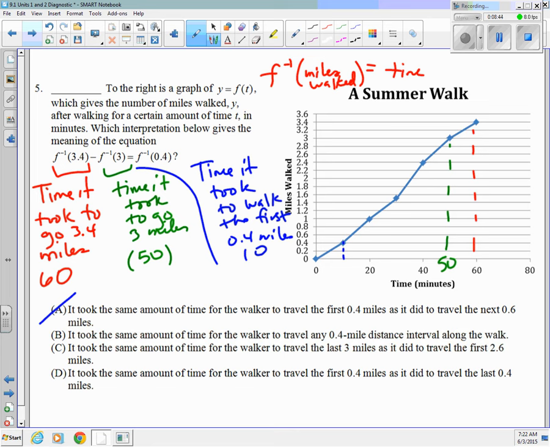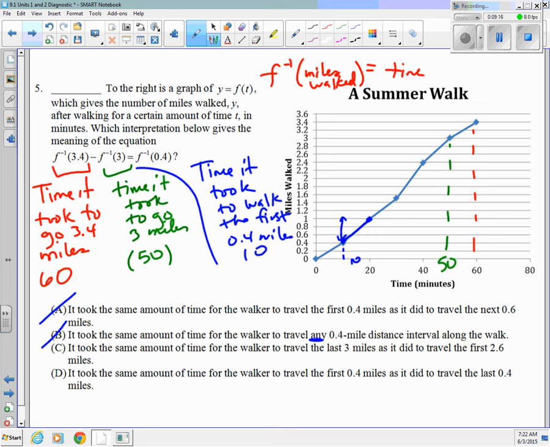Well, certainly this is saying that it took the same amount of time to walk the first 0.4 miles as it did to walk from 3 miles to 3.4 miles. But that doesn't mean that that's true for any 0.4 mile distance along the walk. In fact, if I look at the time it took for me to walk from 0.4 to 1, that's 10 minutes. And you actually walked 0.6 miles. So that choice is out from the graph and from what's happening here.